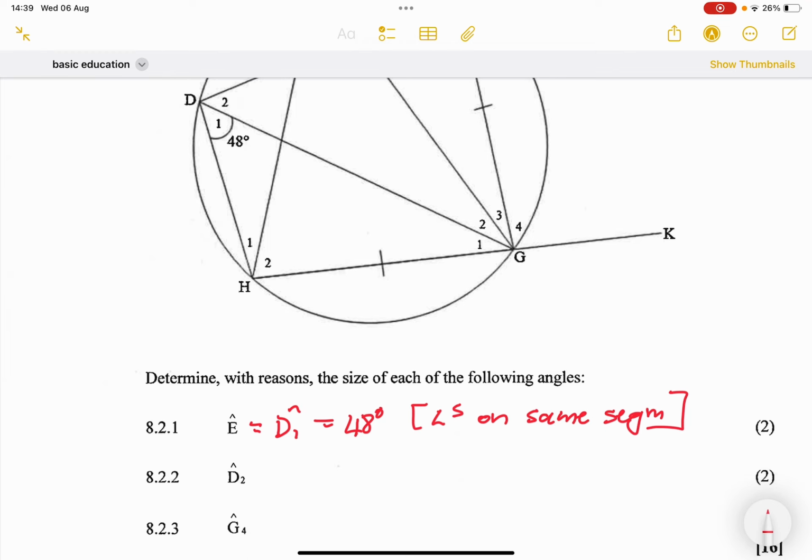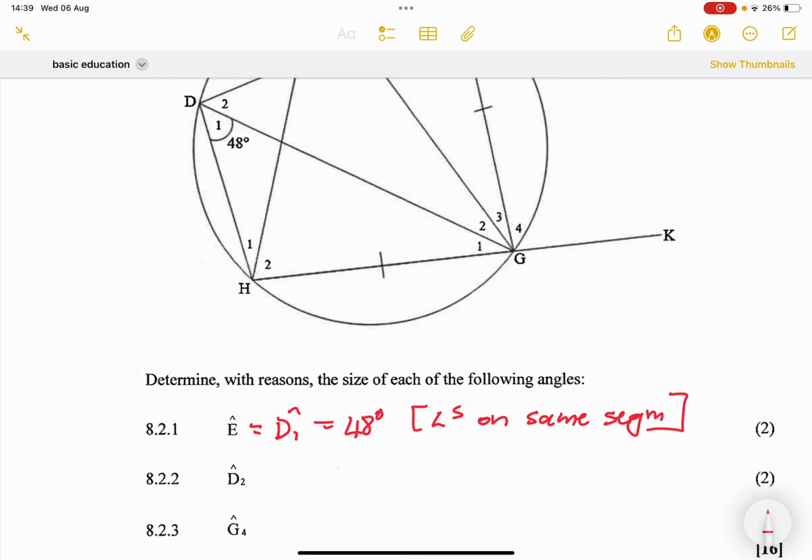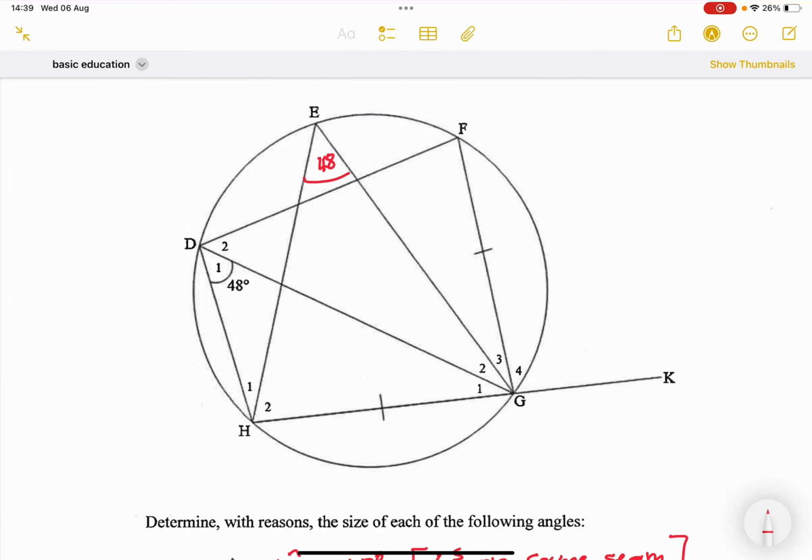Right. So D2, so angle D2. Now I want you to note, guys, that we've got HG equal to FG. In this case, it would mean that D2 would also be 48 degrees. And this time, it is because these are angles that are subtended by equal chords, right?